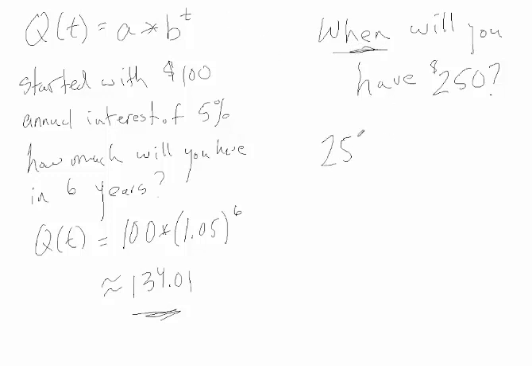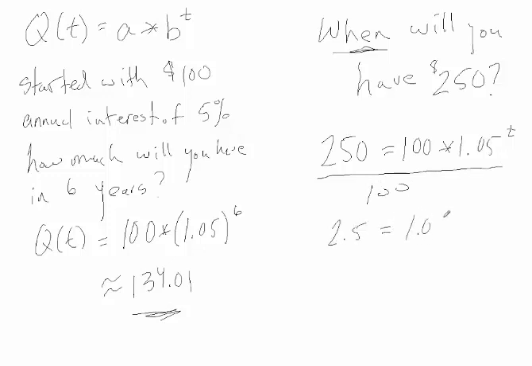We know what we're going to end up with, we know we started here, we know our growth factor. We just don't know t. Well, how am I going to solve this equation for t? The first thing we'll do is divide both sides by 100. We get 2.5 equals 1.05 to the t.